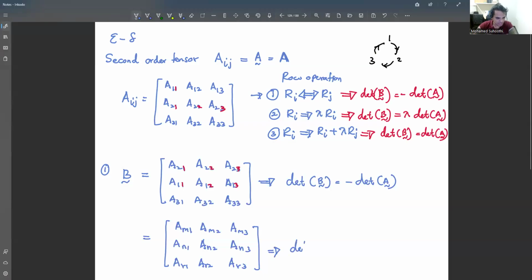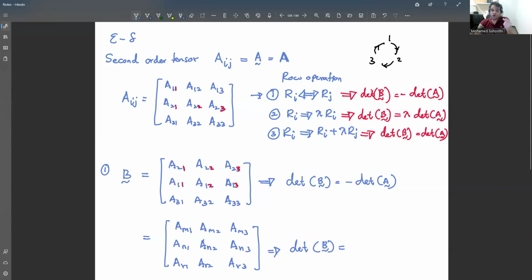Now determinant of B, I am considering this one. How can I write this one? Now I don't write -1, because now I can switch again here, so it will become plus now.